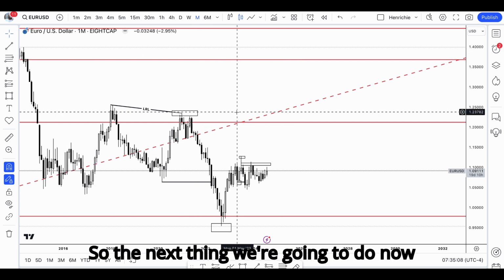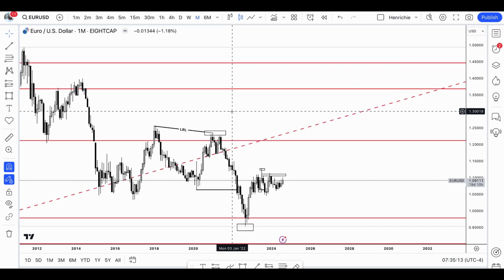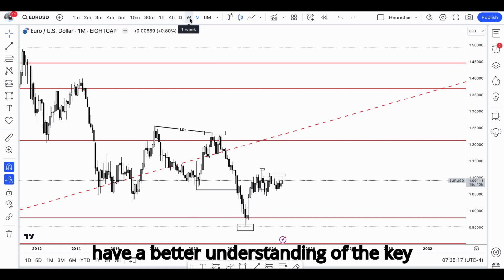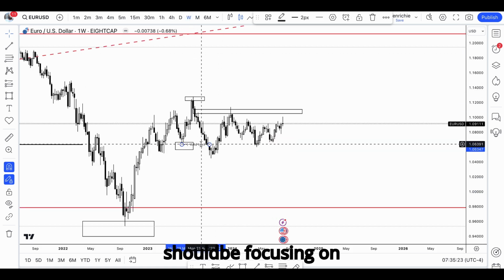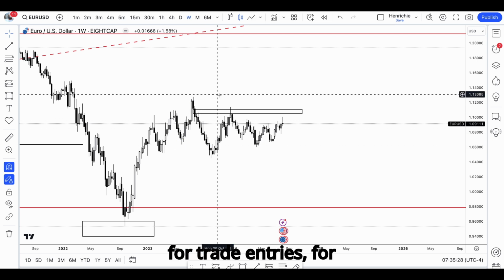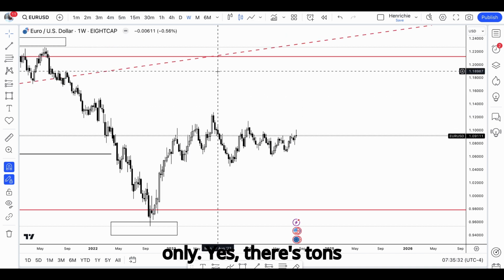So the next thing we're going to do now is scale down into the lower time frames to have a better understanding of key levels that we should be focusing on for trade entries, for buys only.